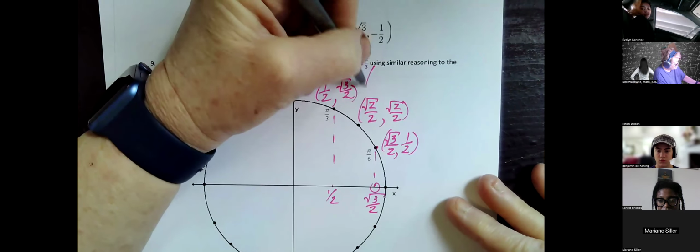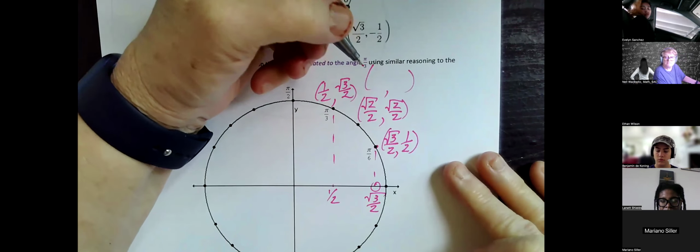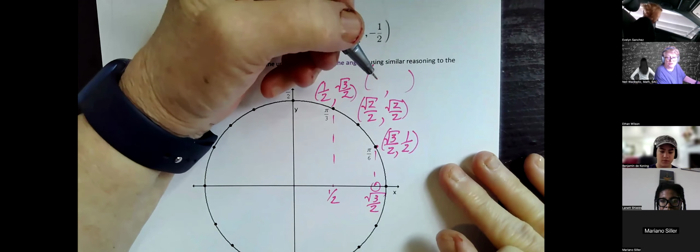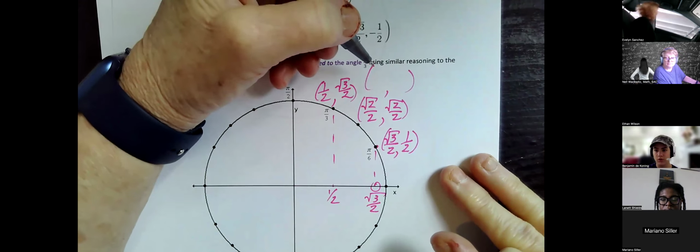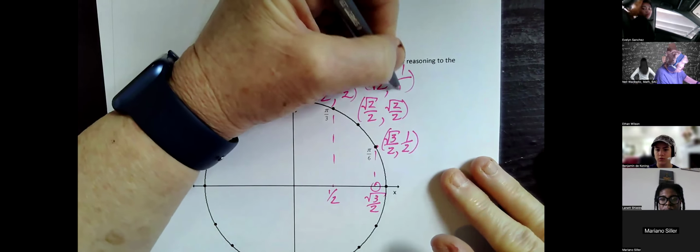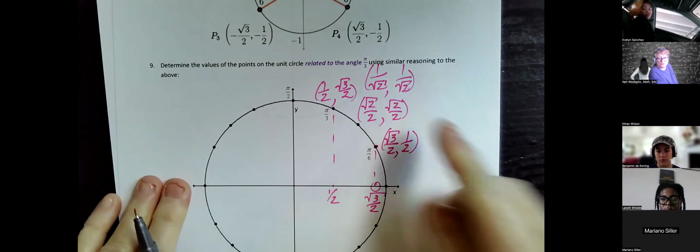So we're going to remember it two ways. What's the other way? What's the unrationalized version? 1 over square root of 2. Good. Because this one is way more useful.